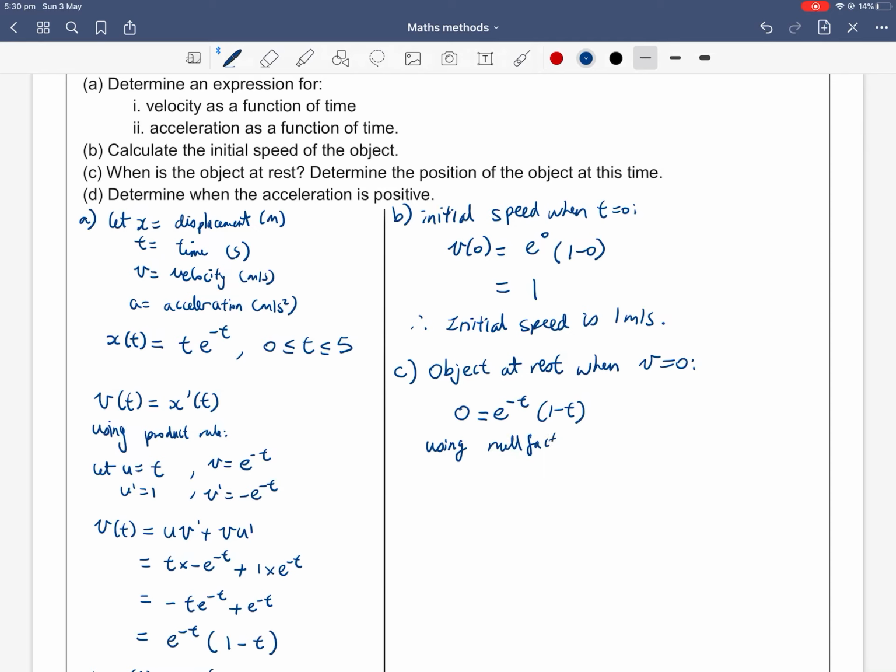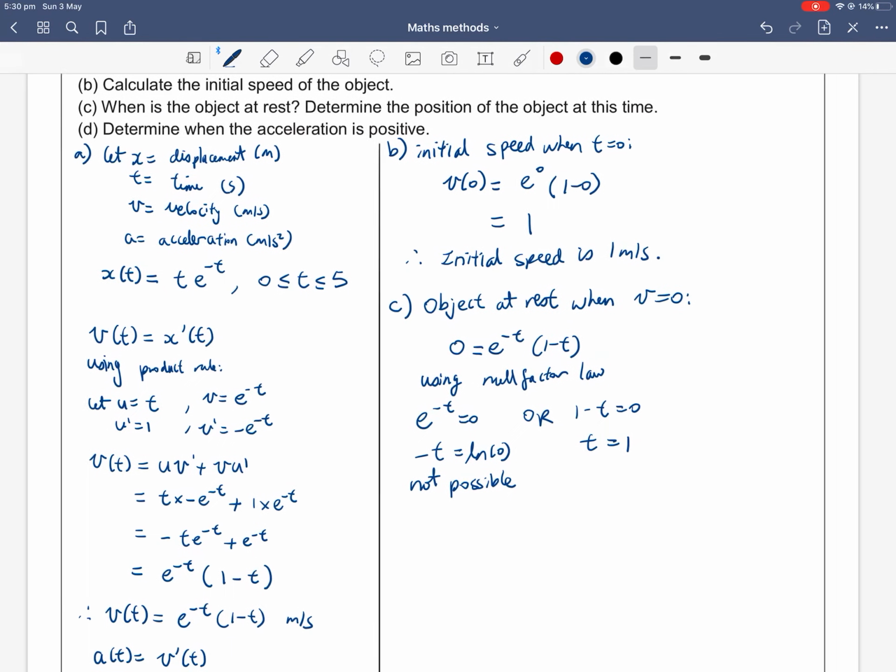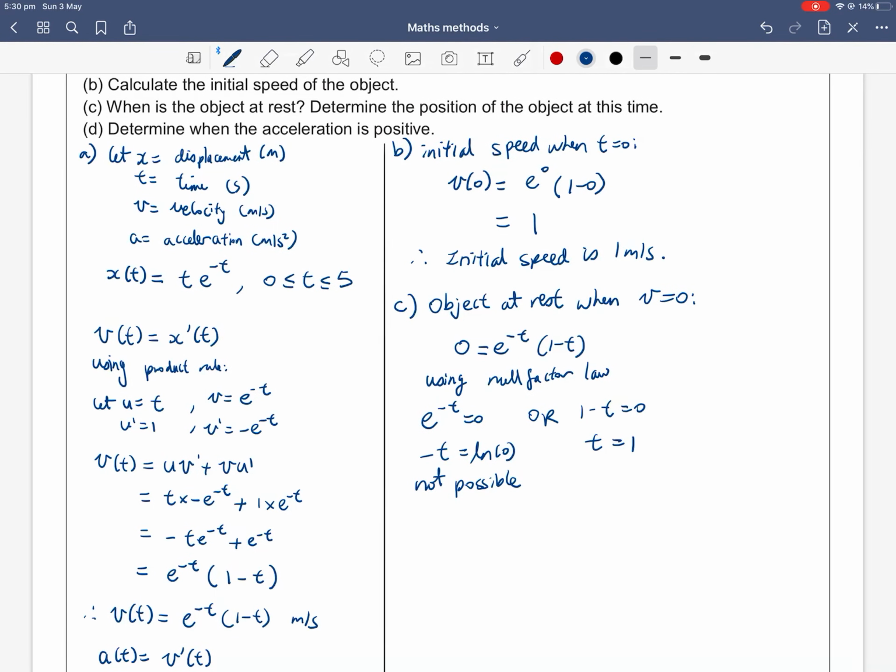Using the null factor law, e to the negative t equals 0 or 1 minus t equals 0. So t equals 1, and for the other, negative t equals ln of 0, which is not possible. So the object is at rest at time equals 1.